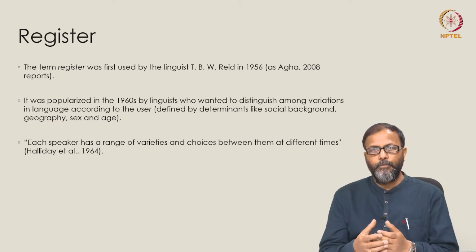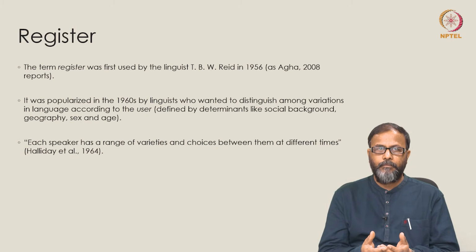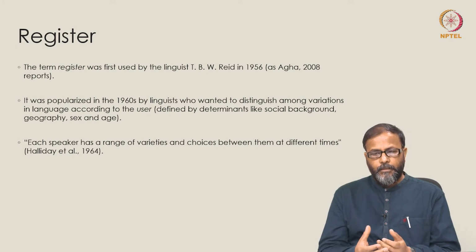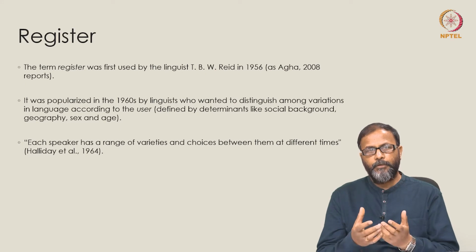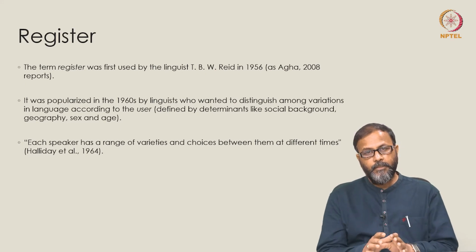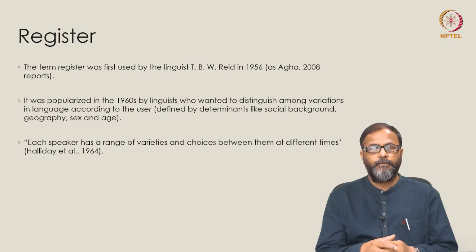So, it's use centric, it is context centric, it is domain centric, right. The term register is for a particular variety used in a particular domain by the same speaker, a different form or a different variety used for a different purpose.